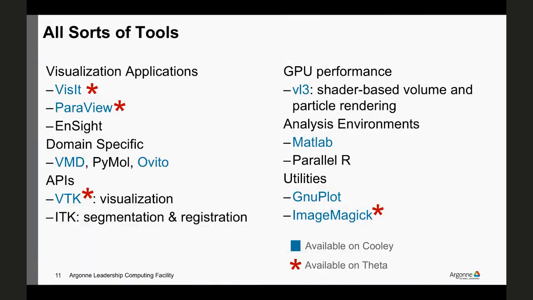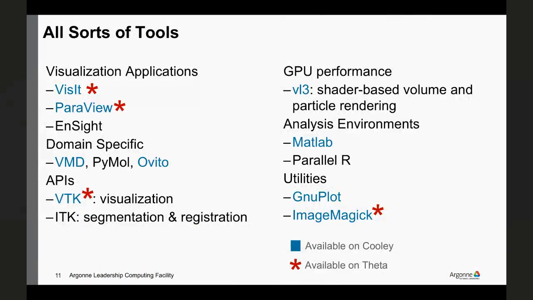There are a number of domain specific tools like VMD, PyMOL, and VITO for doing more molecular dynamics types of visualization, and I've shown a few examples of that. And then there are APIs like VTK, the Visualization Toolkit. VisIt and ParaView and other tools are largely built on VTK.